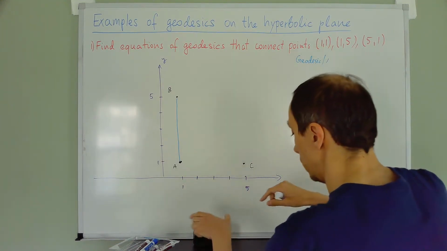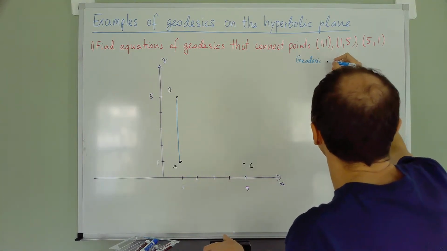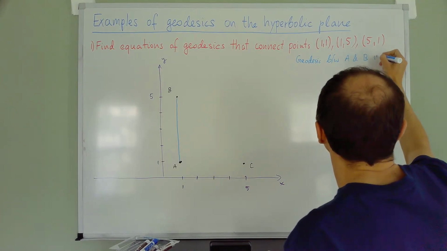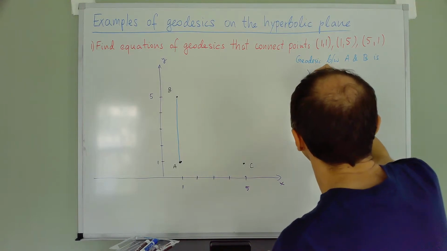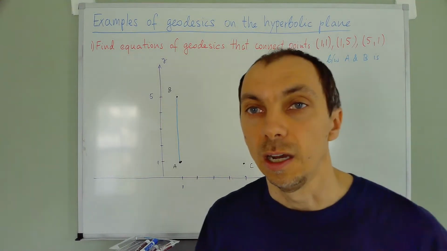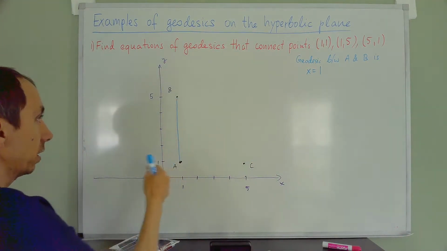Geodesic between A and B is x equal to 1, right? That's the equation of that straight line segment.